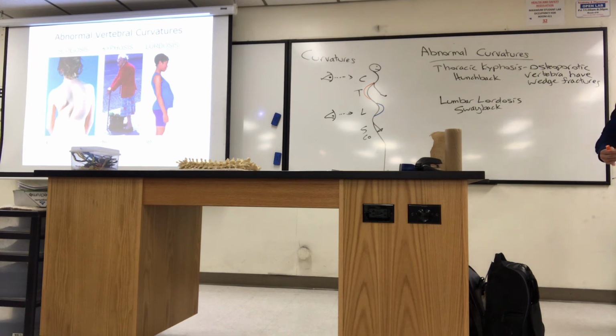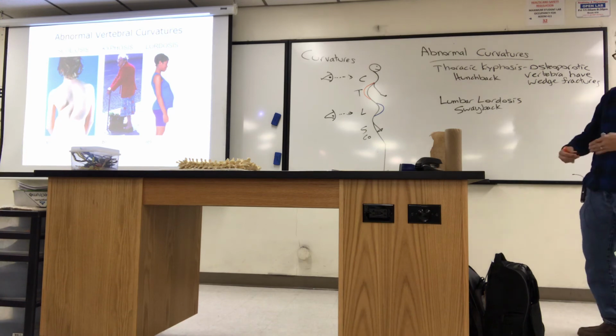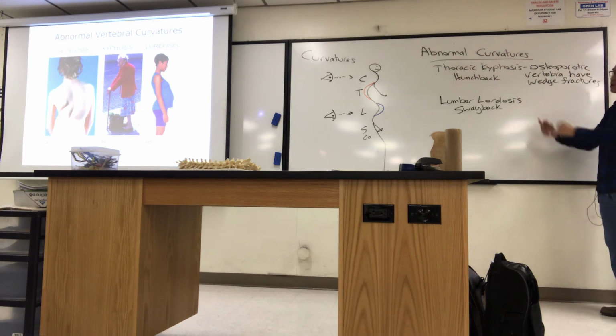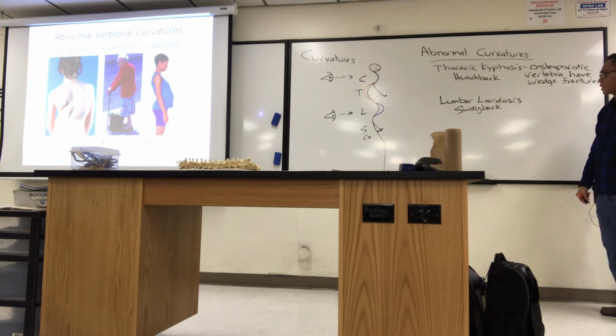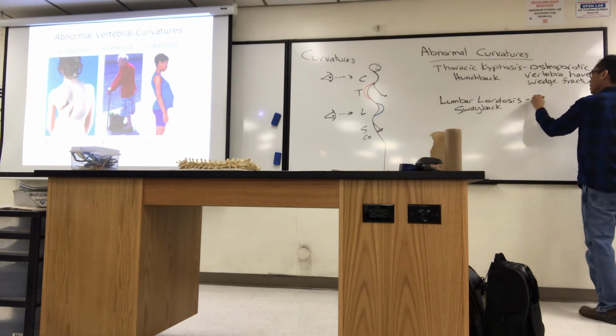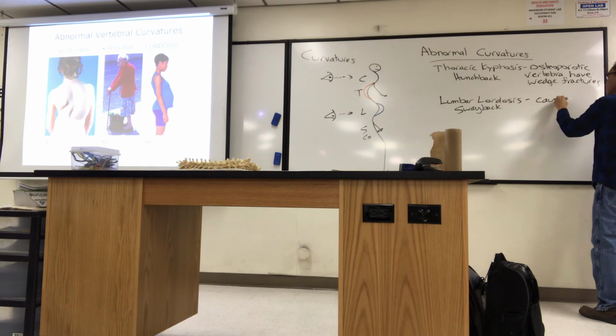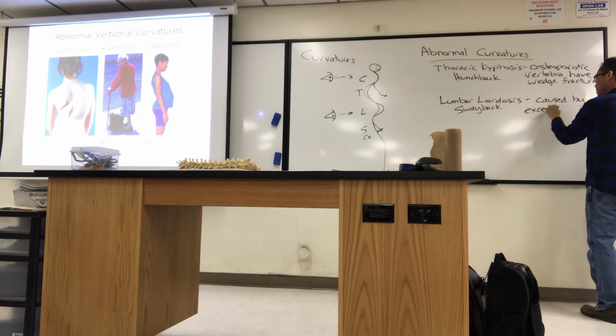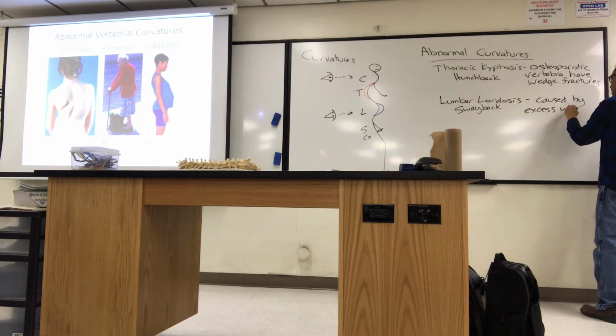So what do you do to compensate? You lean back. You walk around like this, and you know, got a 10-pound baby in there. It could cause this. It's called swayback. Could be caused by excess weight anteriorly.